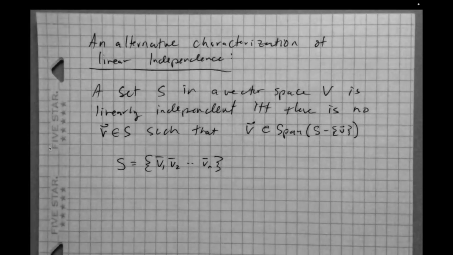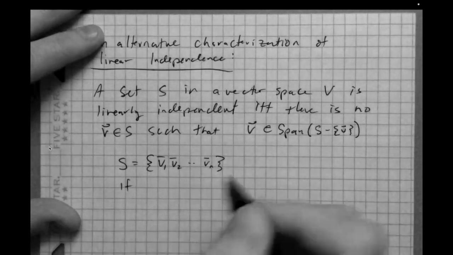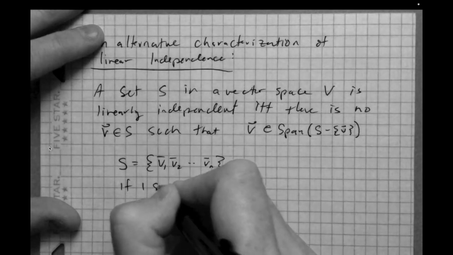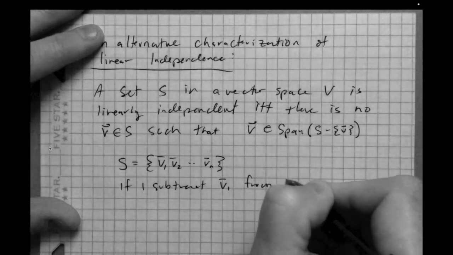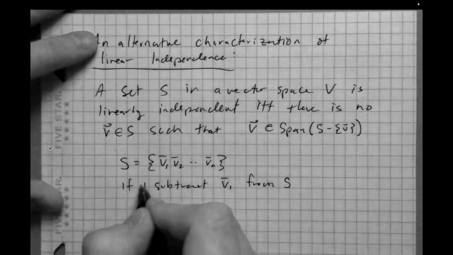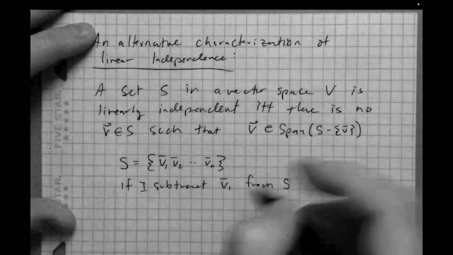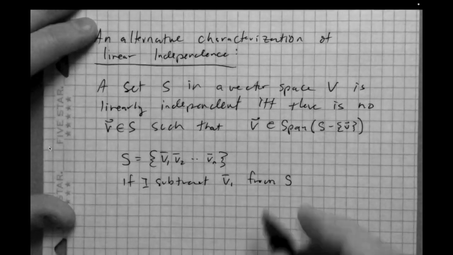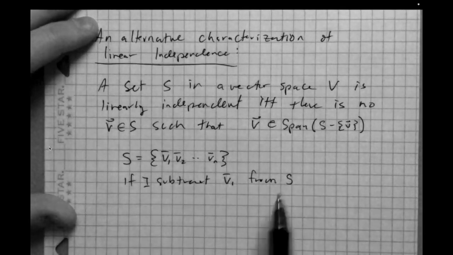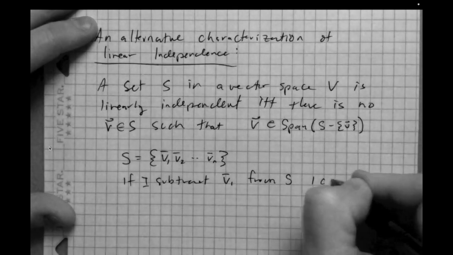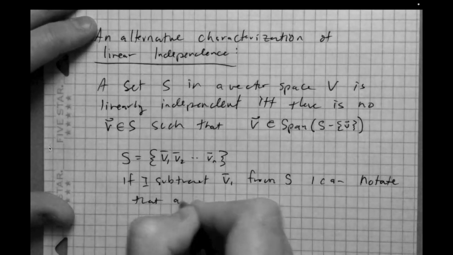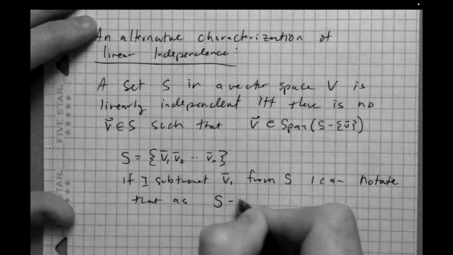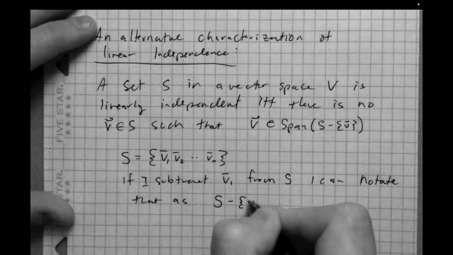If I were to subtract one of the vectors, let's say I subtract V1 from S, one way to notate that is the set S minus V1.